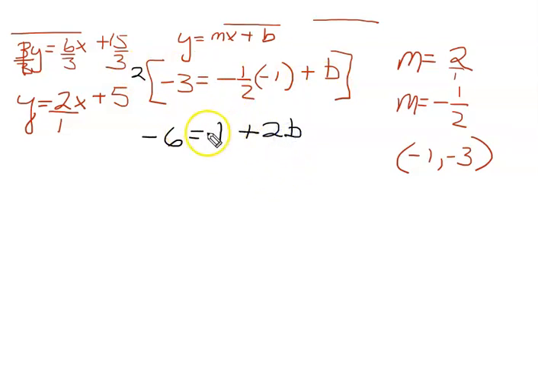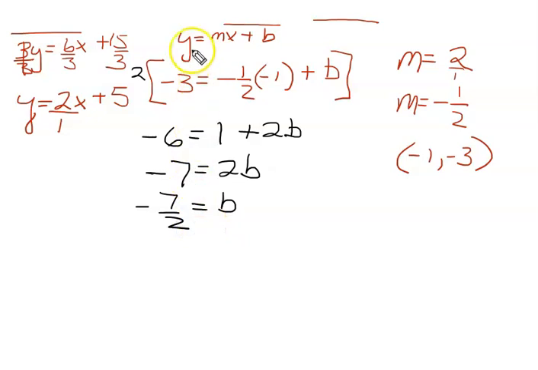We're going to transpose our 1 to the other side where it becomes a -1. So this is a -7 equals 2b. Now we're going to divide both sides by 2, and b is a -7/2. So now writing our new equation in slope-intercept form will be y equals, we know our slope is going to be a -1/2 x.